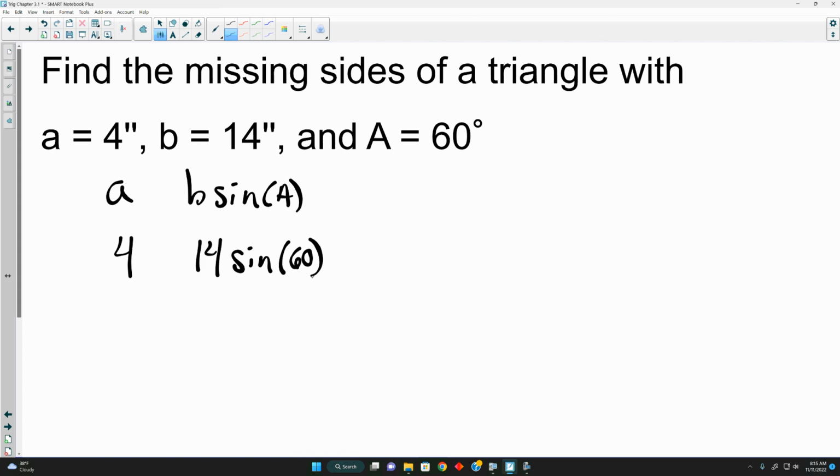30, 45, 60. So I think this would be 7 square root of 3. Or if we got the approximate decimal answer, it's going to be somewhere in the 12s, I would approximate.